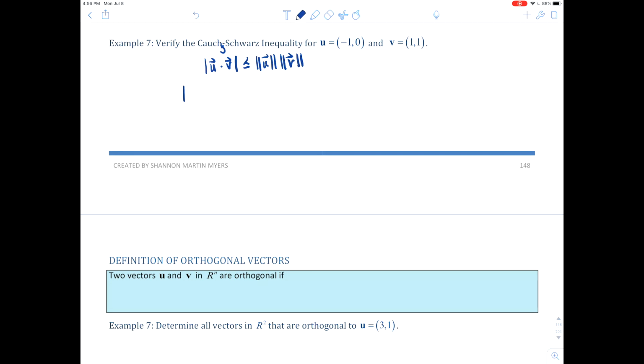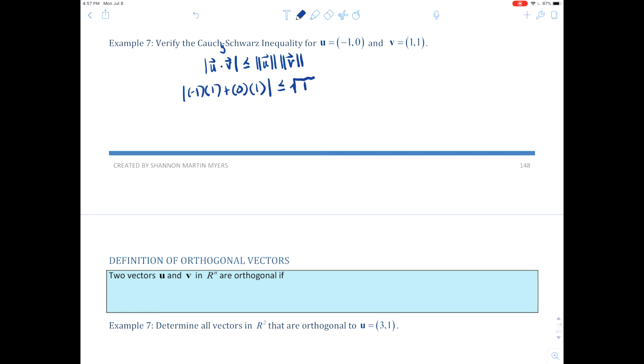What's the absolute value of U dot V? We would have -1 times 1 plus 0 times 1 inside that absolute value. And it would need to be less than or equal to, so the magnitude of U is going to be what? The square root of 1, right?